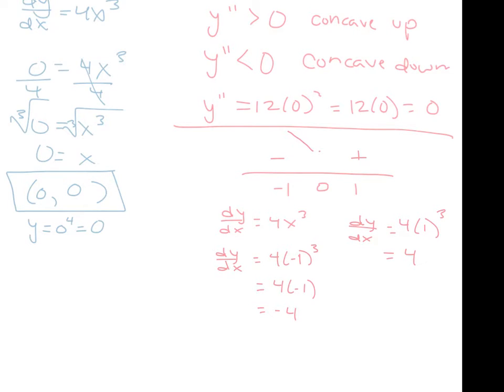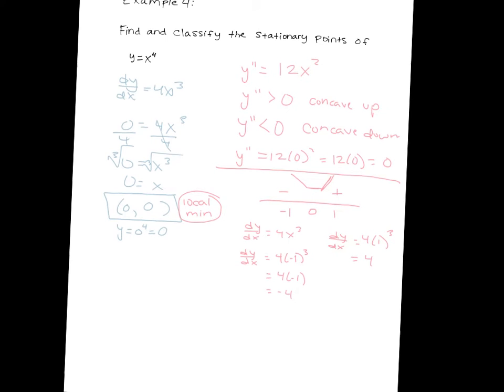At 0 we know we have a 0 slope, and at 1 we have a positive slope, so we can see that we have a local minimum. And so over here we can classify our stationary point as a local minimum.